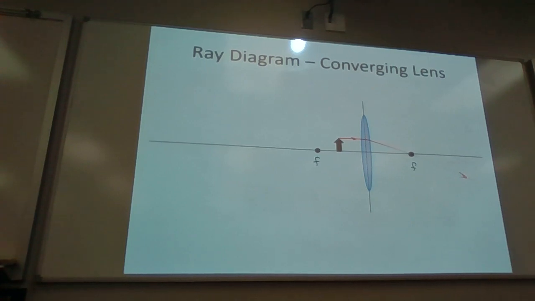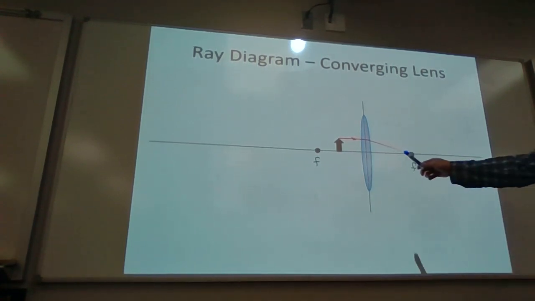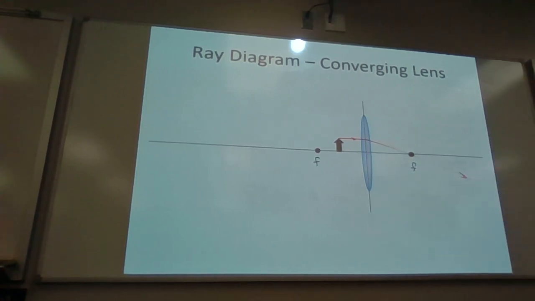Second one. The second line goes through the near focal point. But if we try to line up a ruler with the top of the object and the near focal point, we see that completely misses.